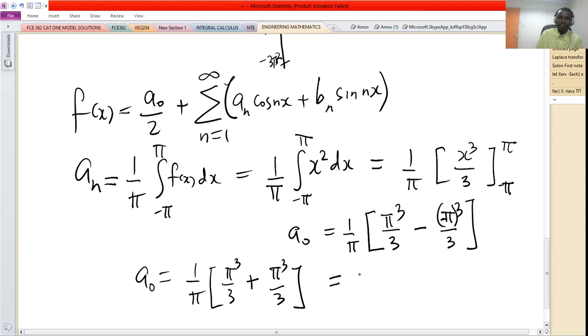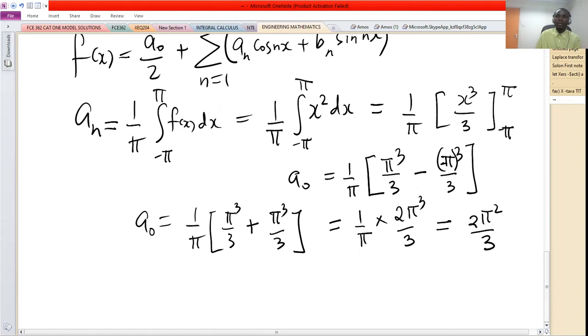So this will be 1 over pi times 2 pi cubed over 3, pi and 1 pi here, so we'll have 2 pi squared over 3. So that's our a naught.